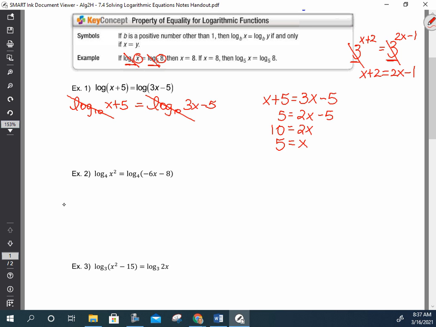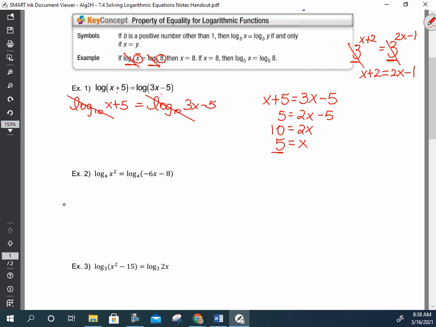So, for exponential equations, the answers do not have to be checked. For logarithmic equations, they do. So these answers do have to be checked. When you take the number and plug it in, both of those values should match if you do it correctly.